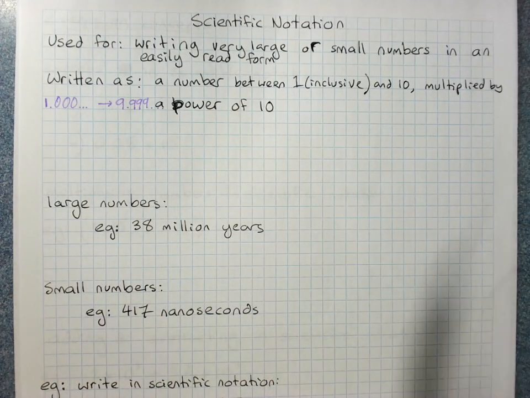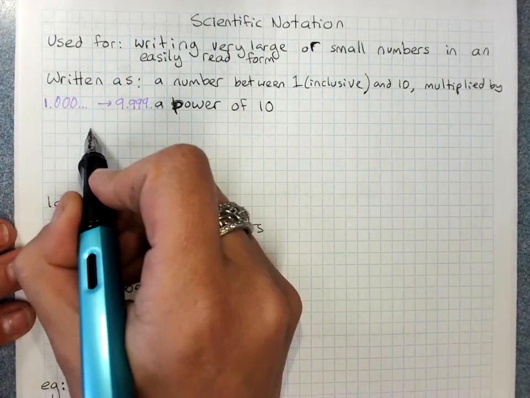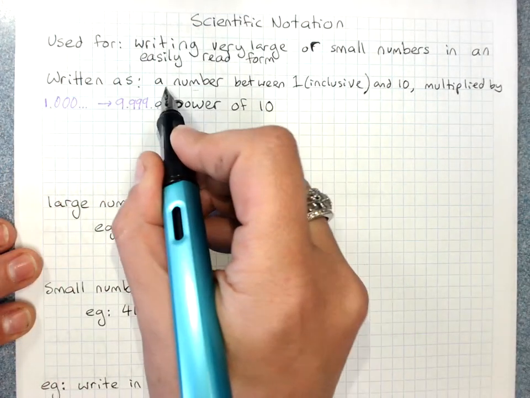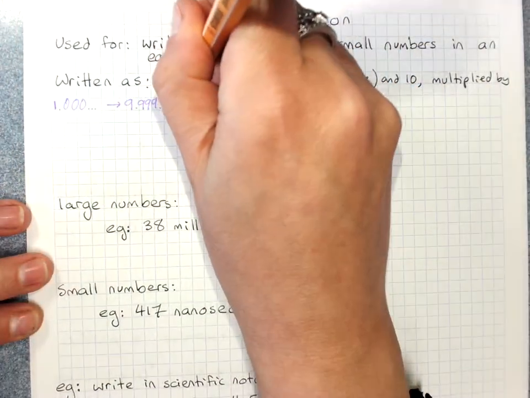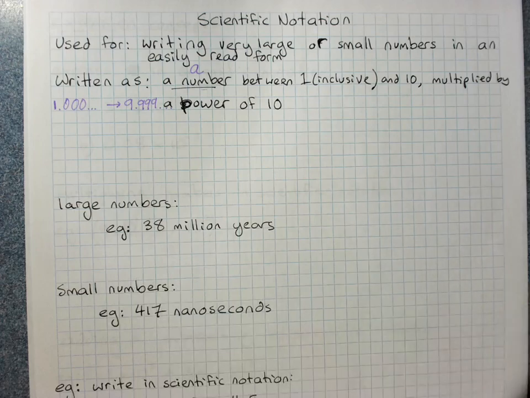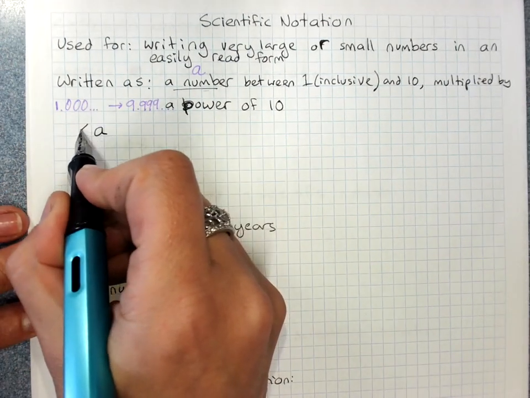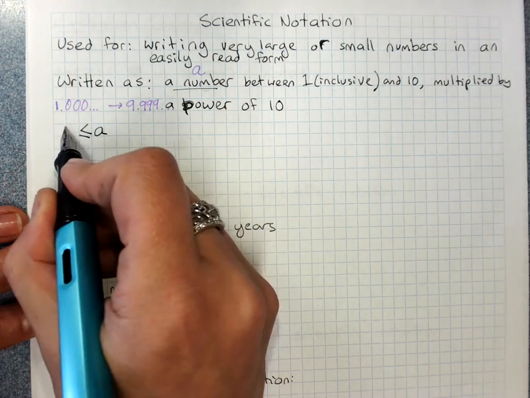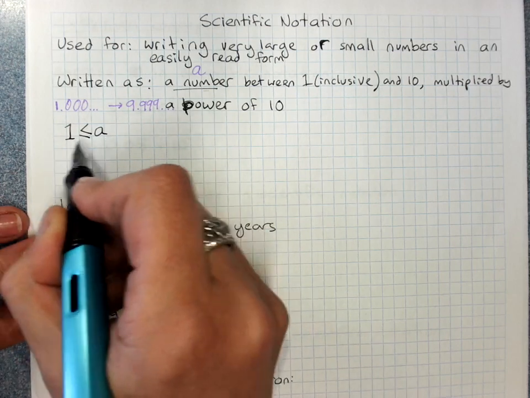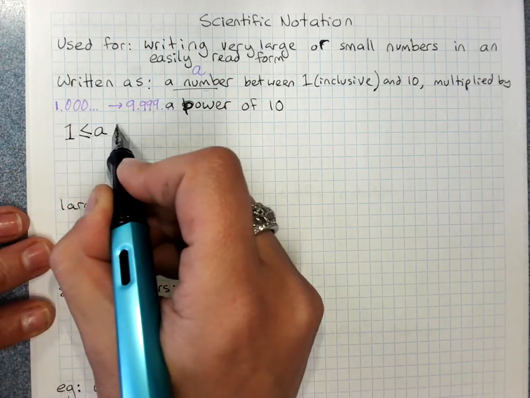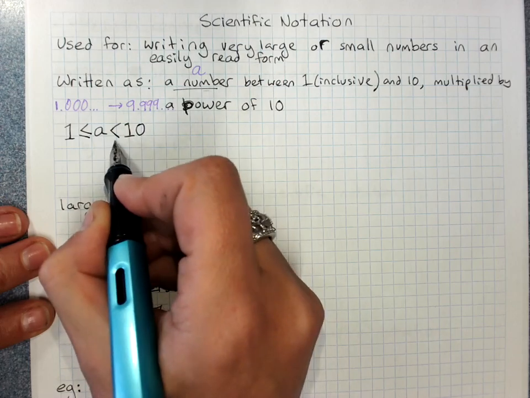And the way we write that instruction mathematically is I'm going to say that my number, which we'll call A, is greater than or equal to 1. So 1 is less than or equal to A. And my number is less than 10, but not equal to.